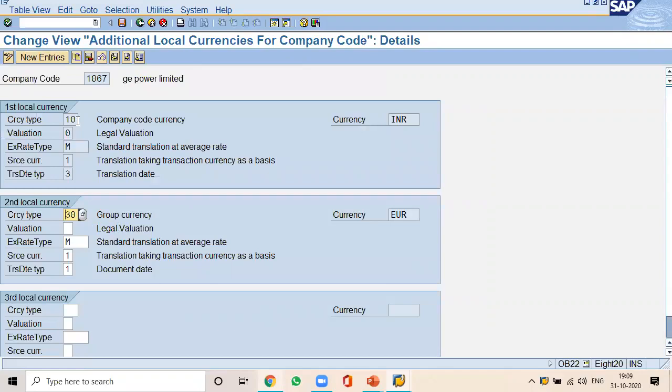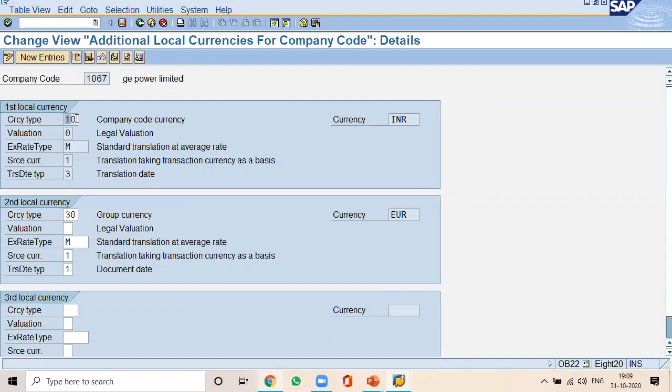See, here currency type 10, company code currency. The first local currency is always the company code currency. So the company code currency is used for the legal valuation. According to legal valuation, the financial statements are presented and prepared only in the first local currency.